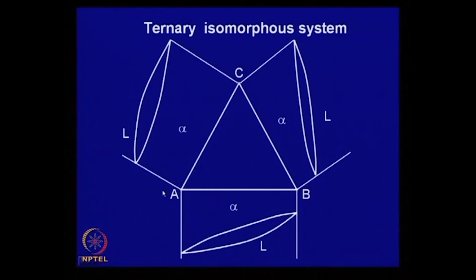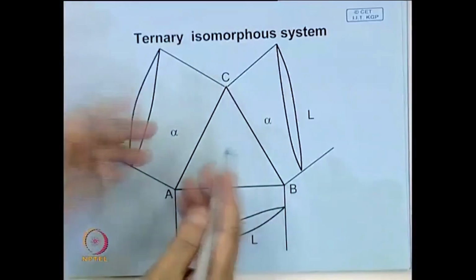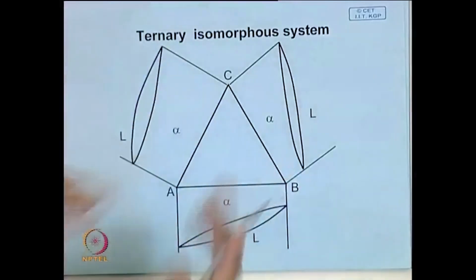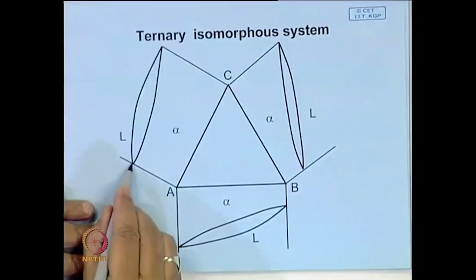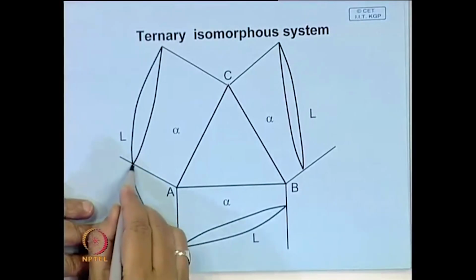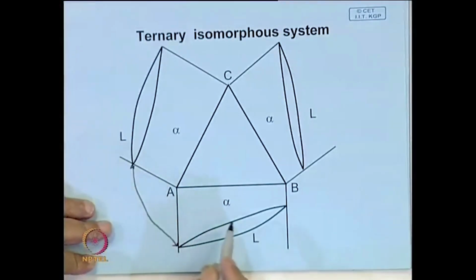Drawing the binary phase diagram between A and C, this portion is liquid and this is the solid solution alpha. Similarly, we do the same thing over here. This melting point and this melting point are exactly the same. Suppose you cut this diagram and try to fold it up. Then this point and this point are exactly the same, and they will meet each other.